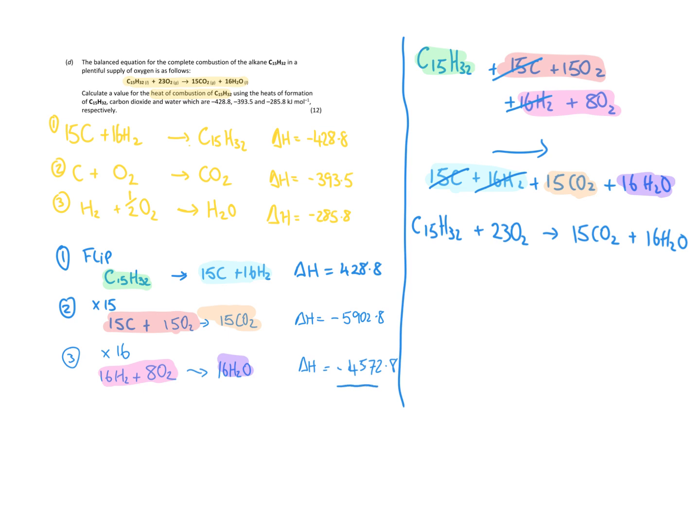So I can do that here. If I sum up all my heat values, I get an overall delta H of minus 10,046.5.